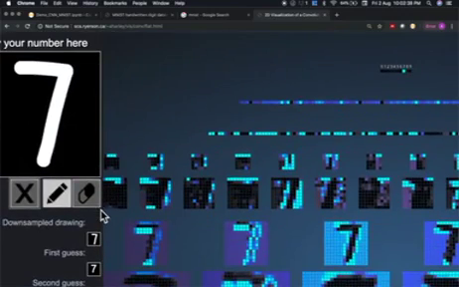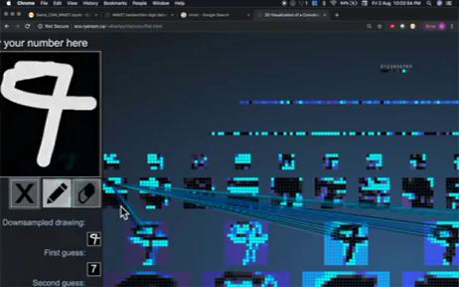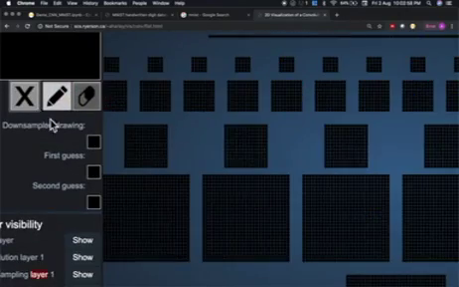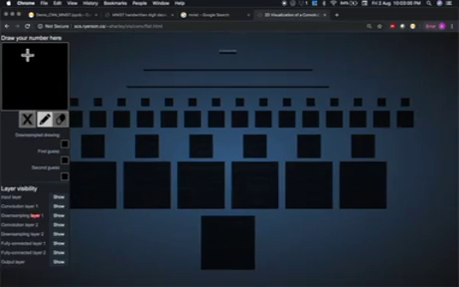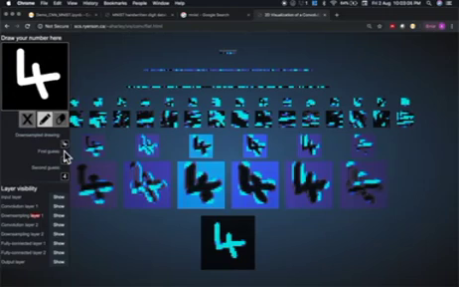The reason is 7 and 4 may have the same kind of features, such as a straight line. 4 also, this I can also draw as a 4, right? Because of this variation, the computer is able to give the possible guesses.